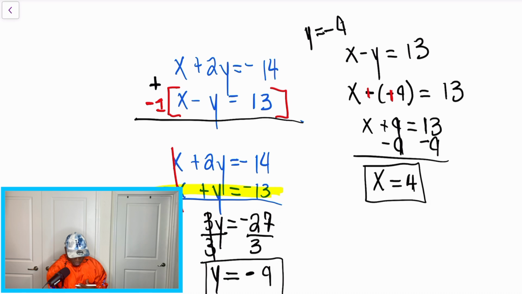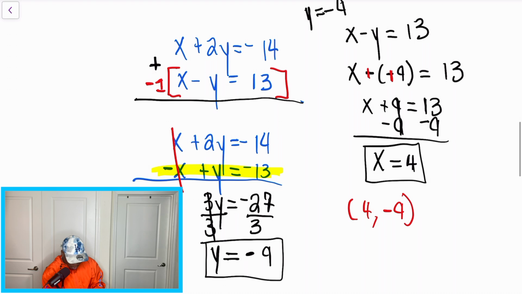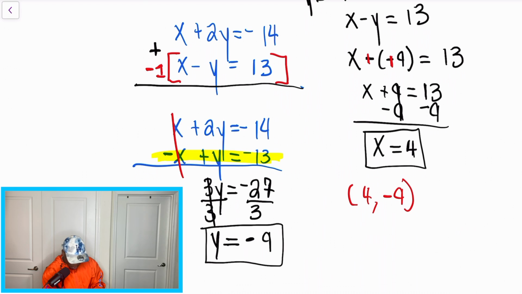All right. So now we have the ordered pair, 4, -9, and I'm going to plug it into the first equation. So instead of x, we're going to put 4 plus 2 times -9, and we're saying that our final answer is going to be -14.